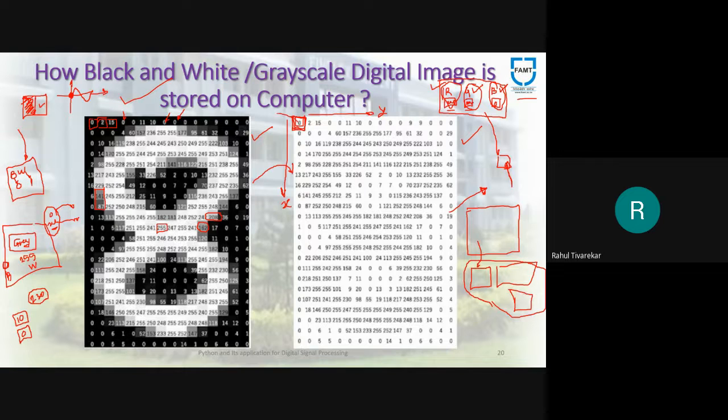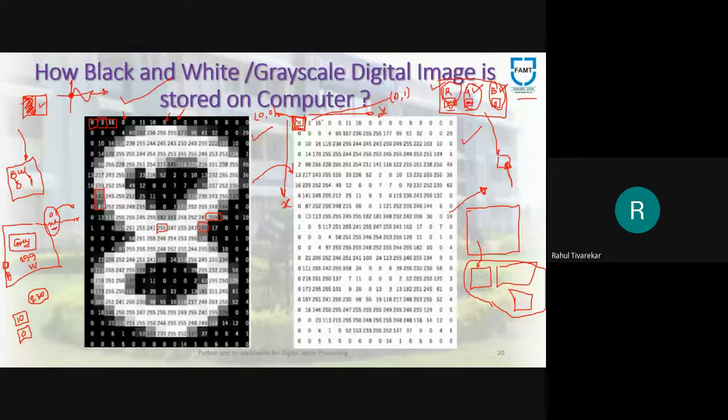This origin pixel is said to be located at coordinates 0, 0. So we say that the first pixel is at 0, 0. This pixel value 2 is at x equal to 0, y equal to 1.